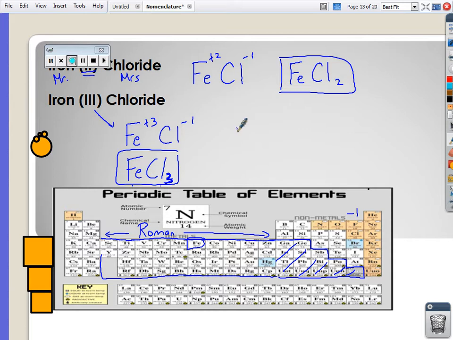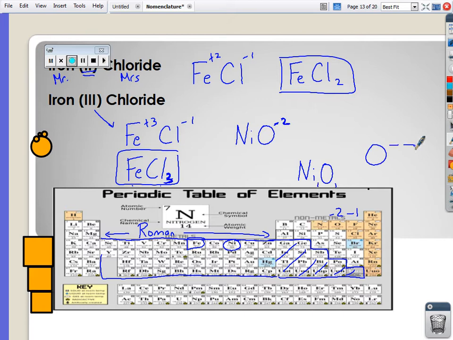So let's go back and I'll give you some compounds. For instance, NiO. So let's figure out what that is. Well, oxygen's -2. I don't know nickel. Nickel's another Roman guy. So how am I going to do this? Well, I gave it to you, and it's written correctly, NiO. That means if oxygen's -2, then what's nickel have to be, if there's one of each of them? Draw a picture if you have to.